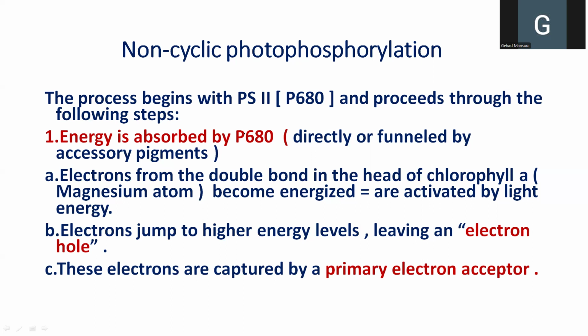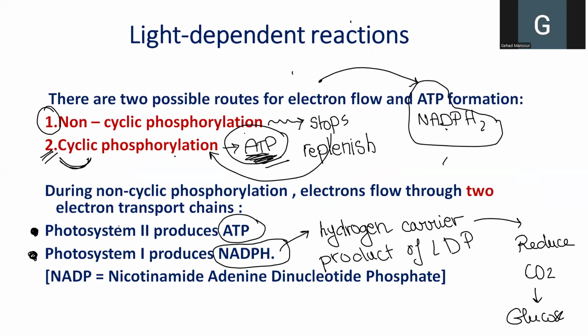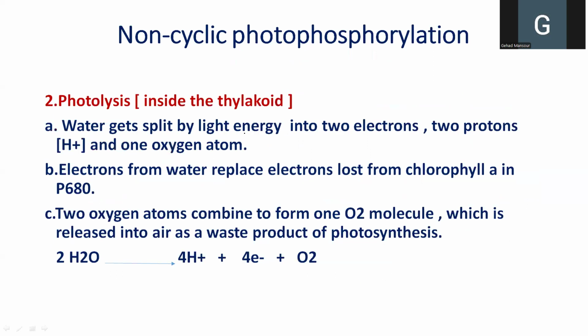They will leave an electron hole, and these electrons will be captured or received by a primary electron acceptor. Because if they're not captured by the primary electron acceptor, then they will be lost to the environment, or they will return to the original places again, and the reaction would not proceed.